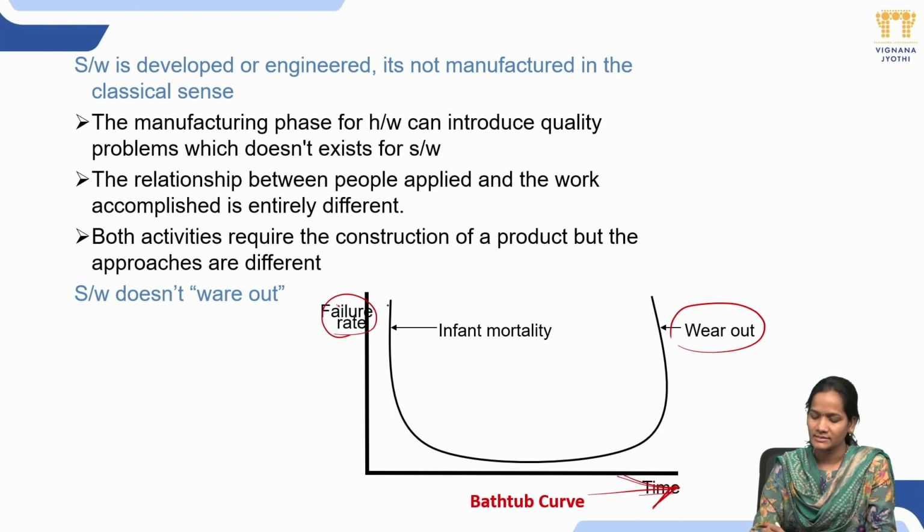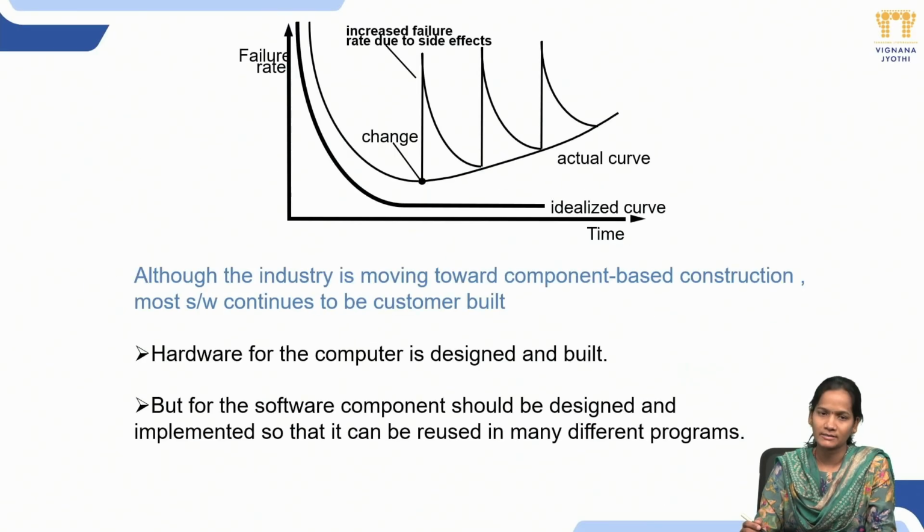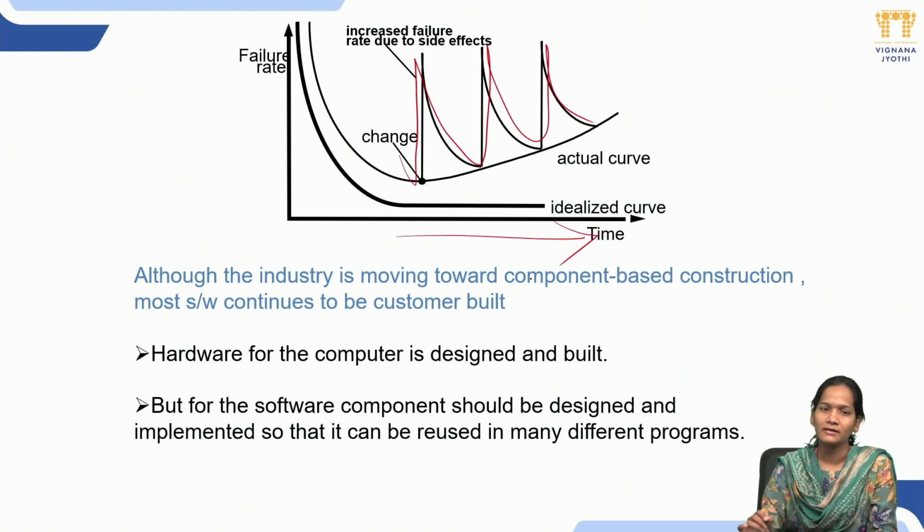So we use the bathtub curve to say software doesn't wear out. Another curve shows an increased failure rate due to side effects, because changes happen and cause side effects. So here we can say that the failure rate has increased. That is what we can say by using this diagram.